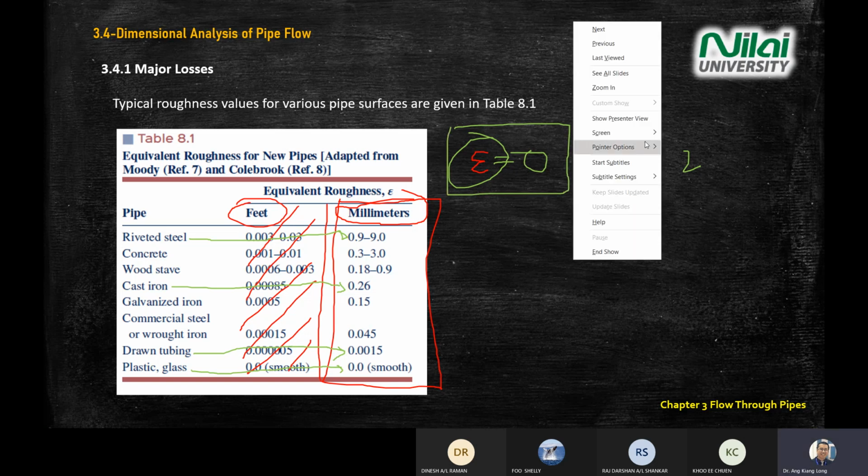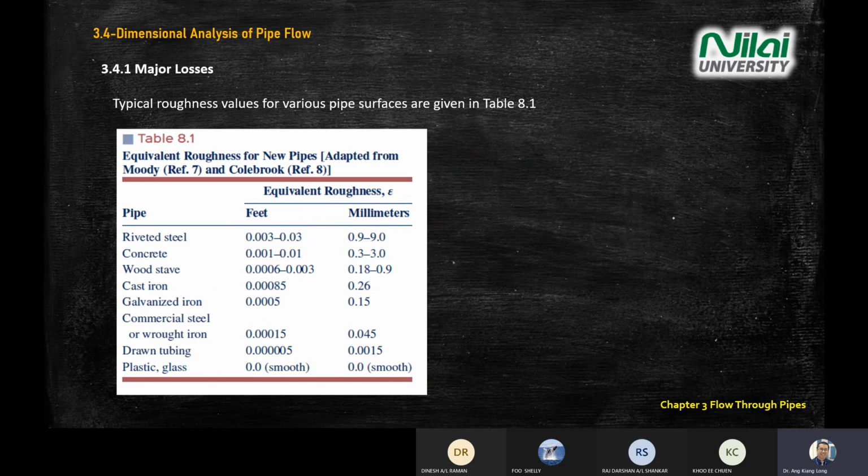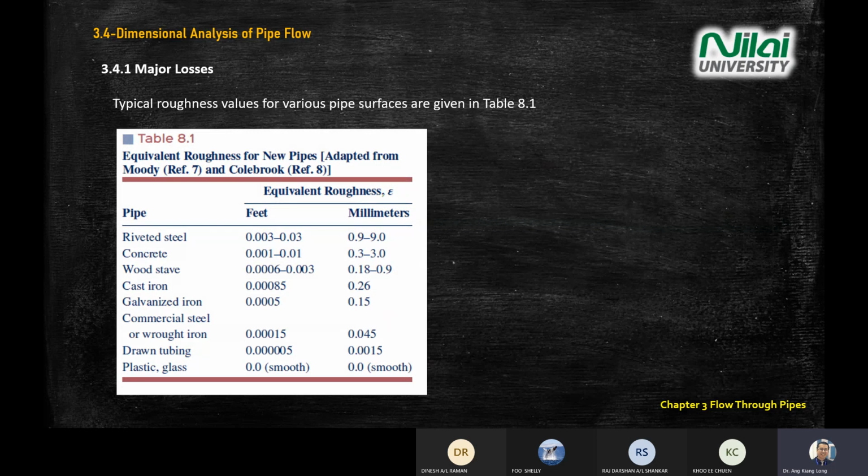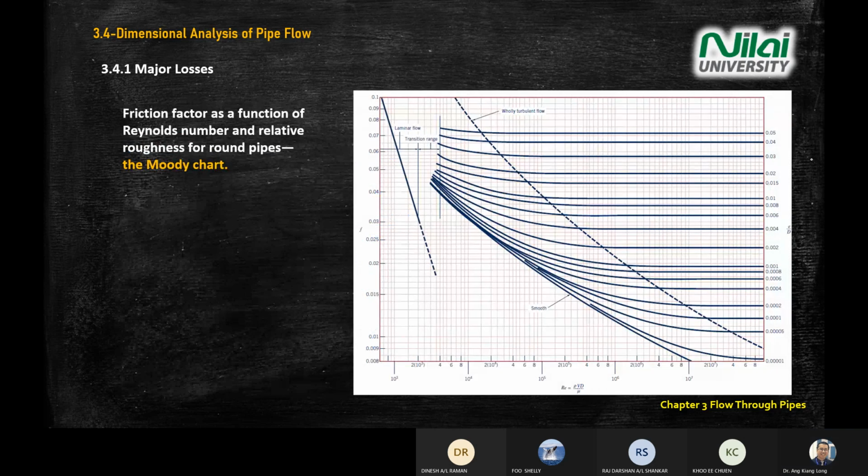Now, what does this have to do with our major head loss? Why do we need to study this one? Because this will help us to calculate the parameter on the right-hand side. If you look at the Moody chart on your screen here, you have 3 axes.